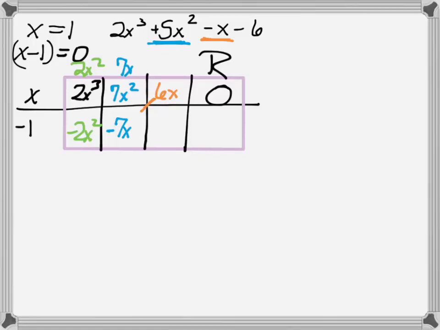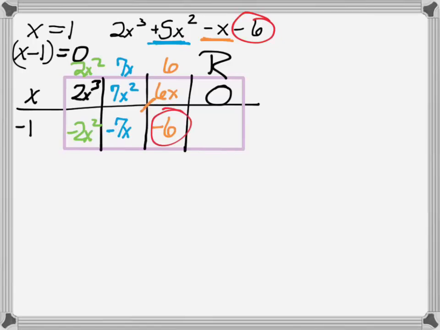I put 6, I don't know why I said negative 6. 6x divided by x is 6, times the negative 1. That matches the last number, so that means that we did it correctly.